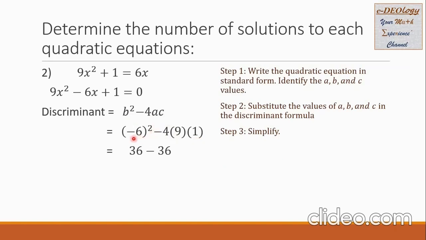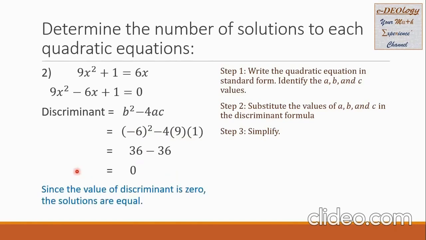The square of negative 6 is positive 36 minus the product of 4 and 9 and 1, which is 36. So we have 36 minus 36 equals 0. Since the value of discriminant is 0, the solutions are equal, or we can say there is one real solution.